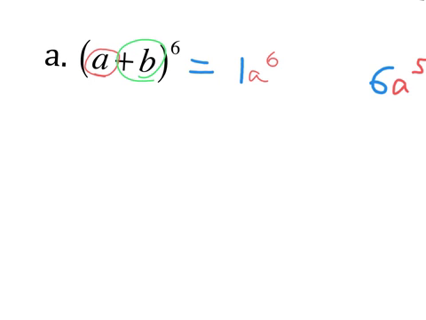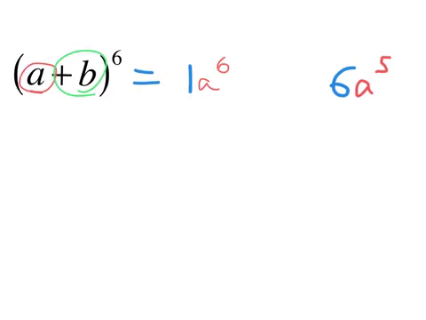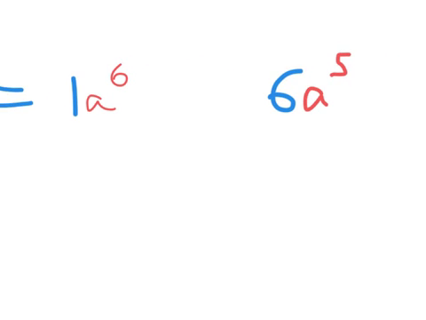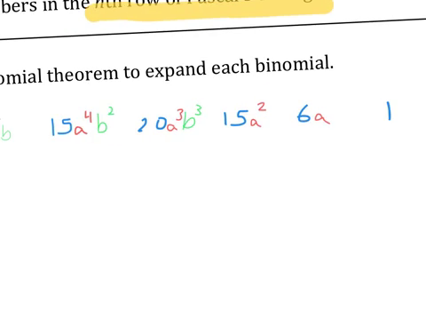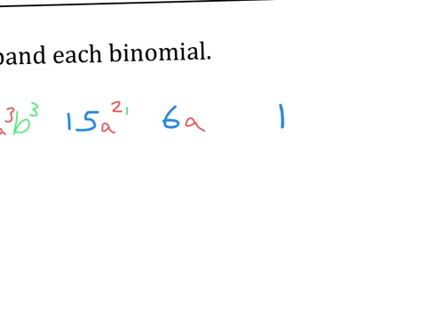I'm going to take the plus b. I pay attention to that plus, because that plus is important. So my plus b, now I'm going to start off with no b on this first one. Then this one is b to the 1 power. So this one is b to the 2 power. This one's b to the 3rd power. Keep going. B to the 4th power, b to the 5th power, and this one's b to the 6th power.